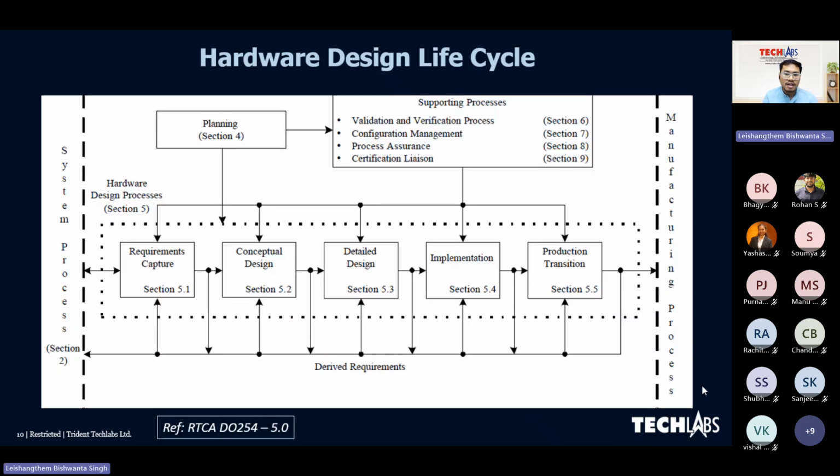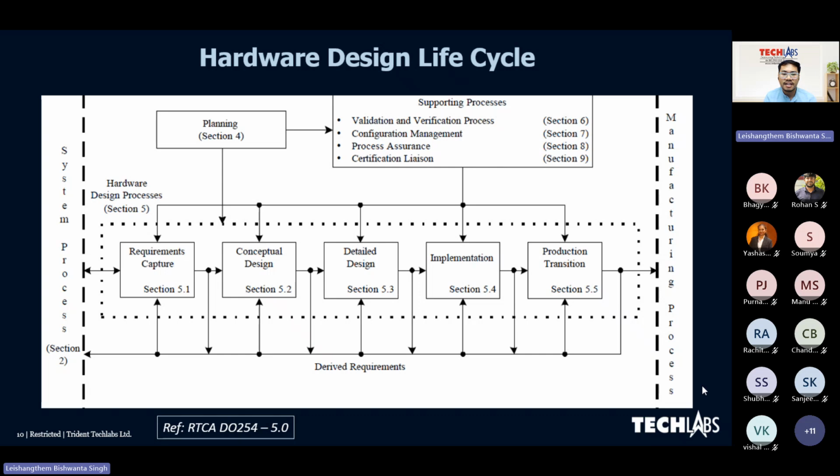This particular slide, this chart or block diagram, or flow chart, gives an overview of the hardware design lifecycle of DO-254. On the left side, we have the system process, which I have already talked about, and on the right side, we have the manufacturing process.